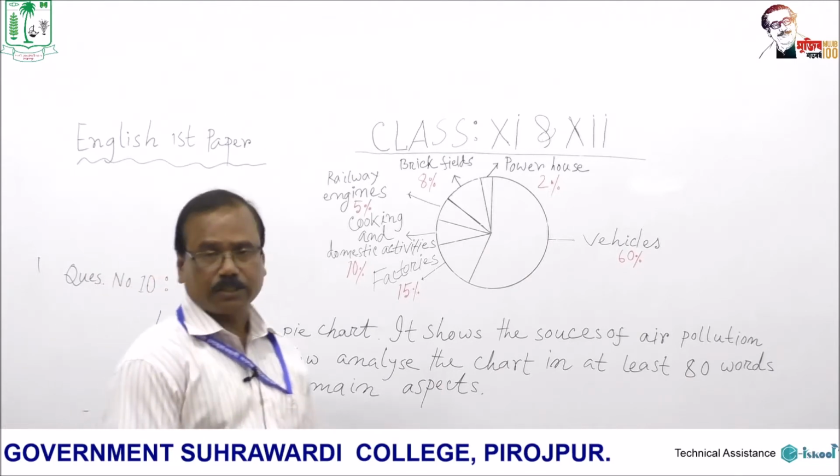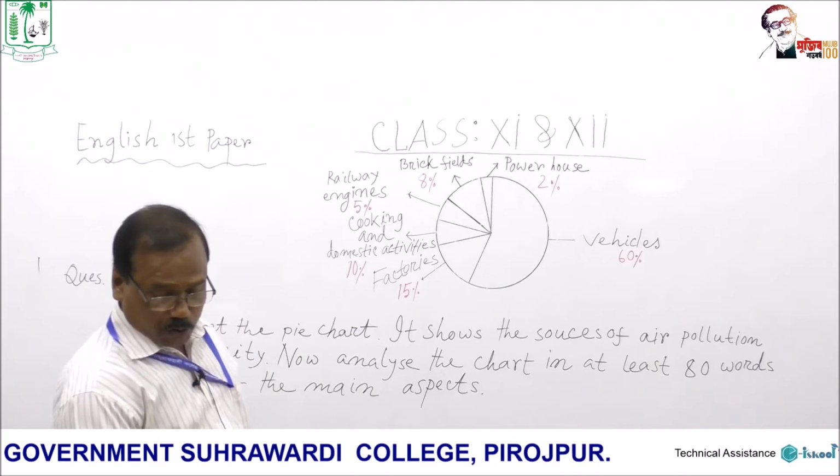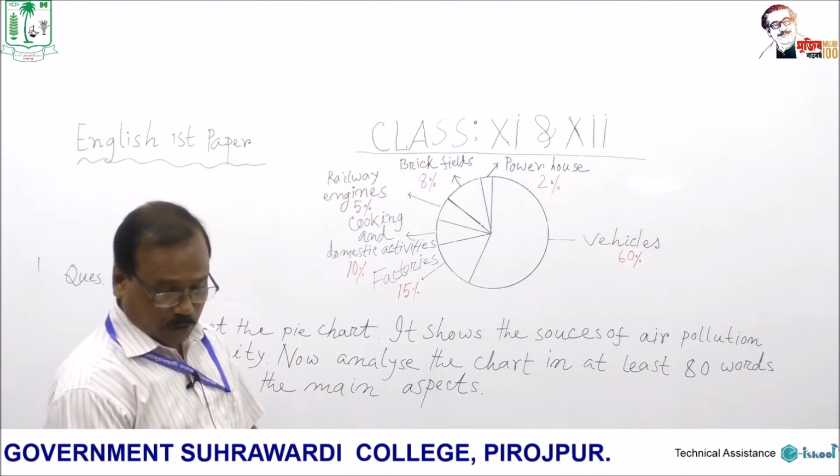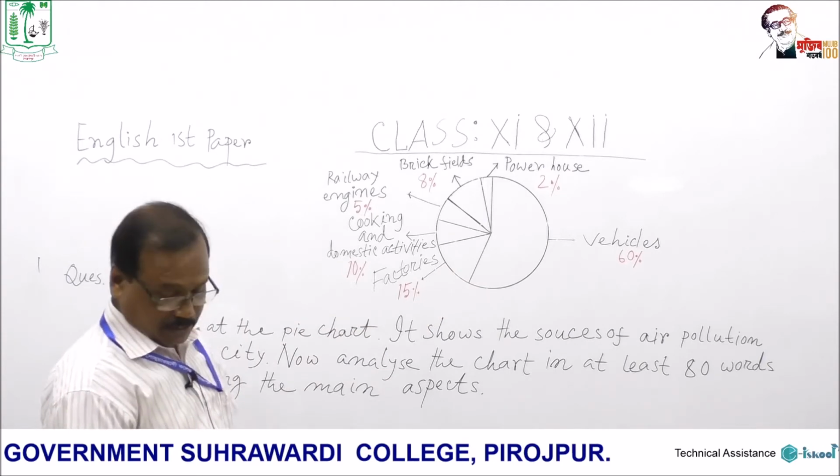So, the sentence goes like this: the pie chart shows that the highest source of air pollution is vehicles, and it is 60%.